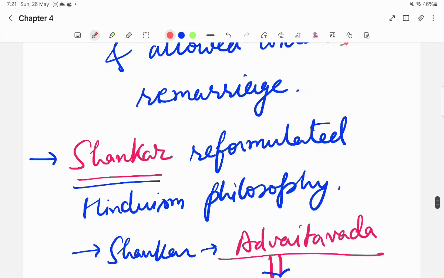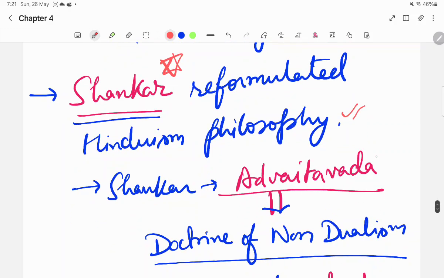And then Shankaracharya emerged. He was called Shankar by the book of Satish Chandra. So I have mentioned Shankar only. Shankar reformulated Hindu philosophy, and he gave the concept of Advaitavad, which means doctrine of non-dualism. So the Hindu religion, the religion of India, was very deep and very much discussed and dialogued upon.